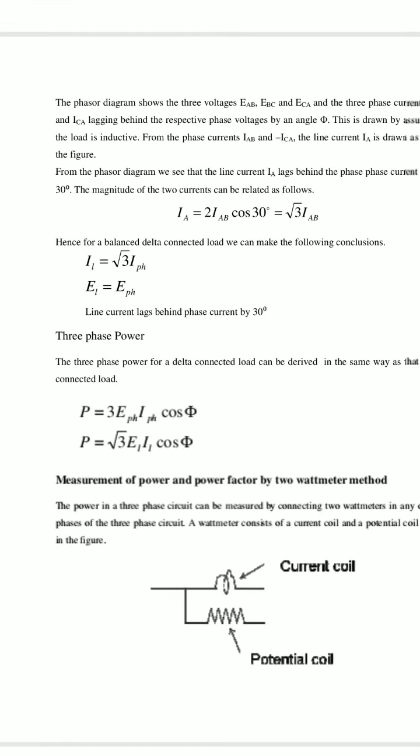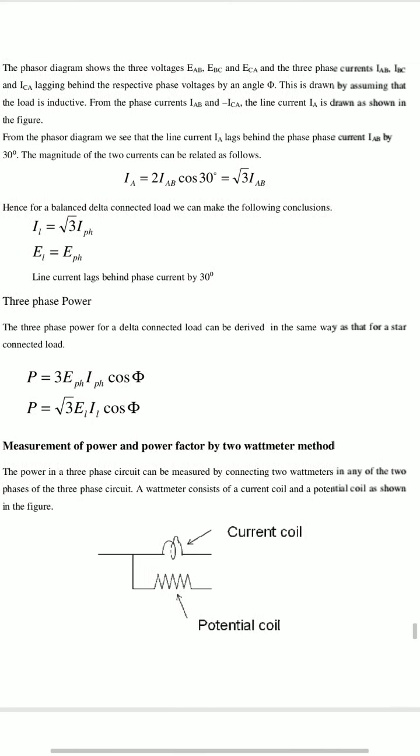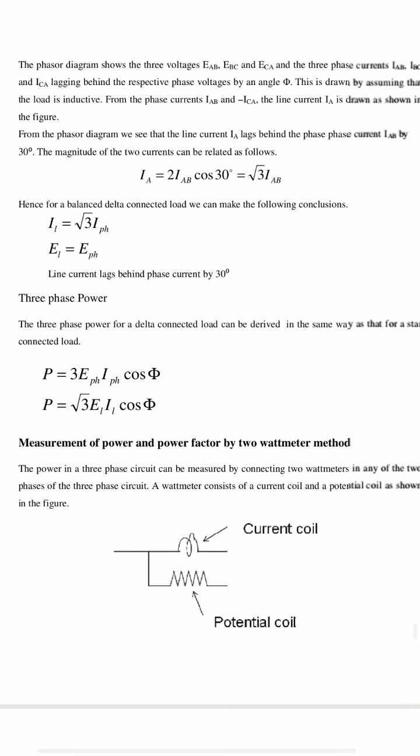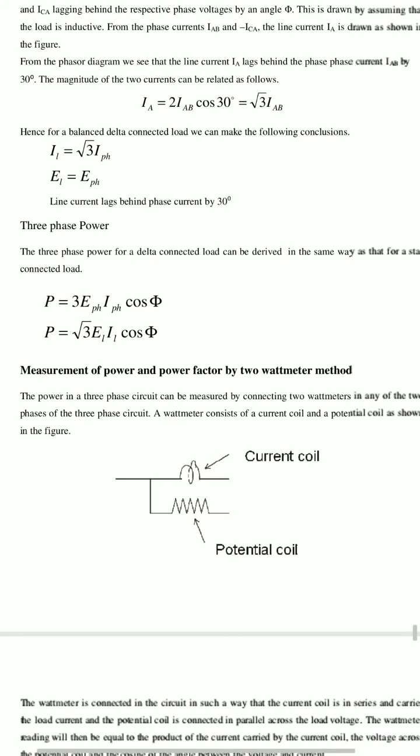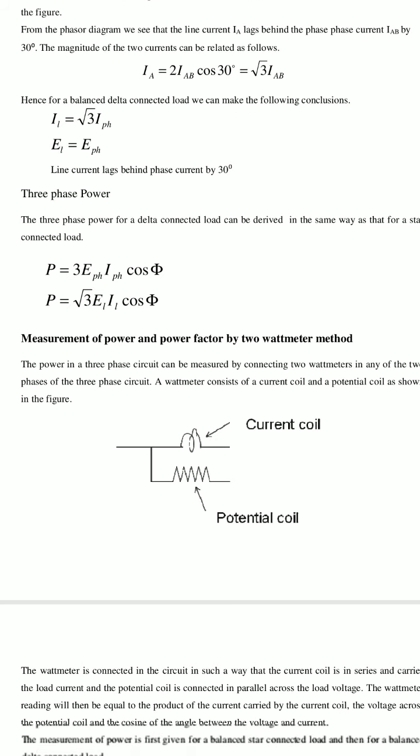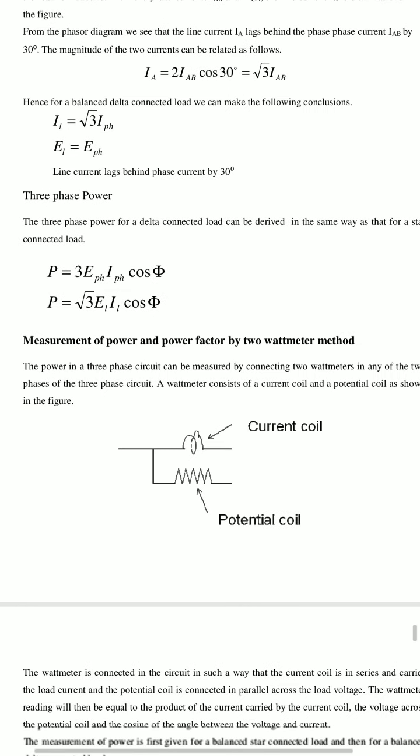This is drawn by assuming that the load is inductive. So from the phase currents IAB minus ICA, the line current IA is drawn as shown in the figure. From the phasor diagram, we see that the line current IA lags behind the phase current IAB by 30 degrees.